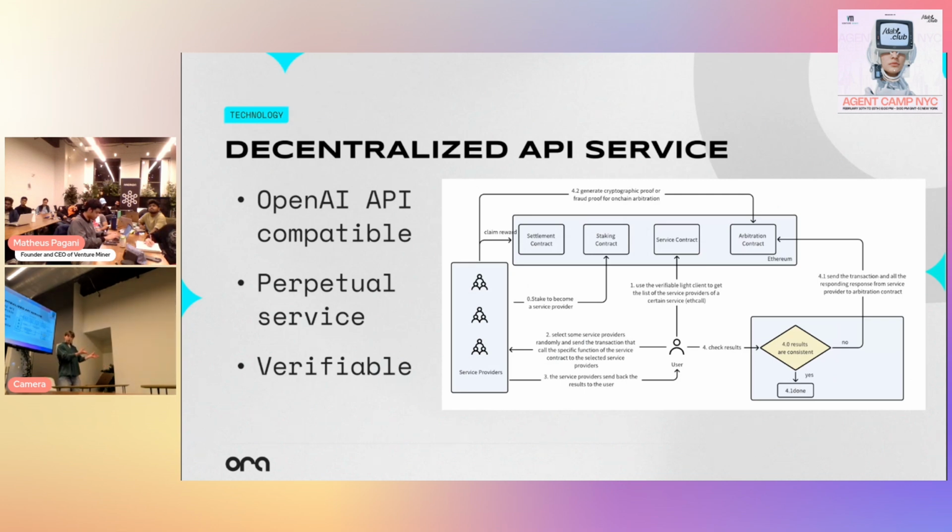Another piece within our suite is this decentralized API service, which is taking a slightly different approach, really trying to make AI inference cheaper while still being verifiable, and also allowing developers to call it from other chains instead of just Celo.